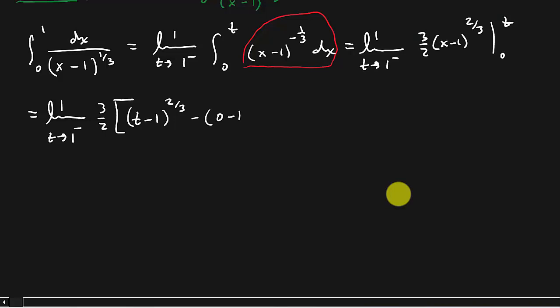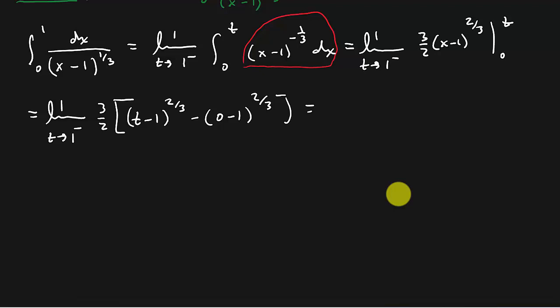Yep, 0 minus 1 to the 2/3. All right. And so now this is going to be, let's see. Well, look at this. What happens when I plug 1 in? That's 0, right? So we know that term there is going to 0.